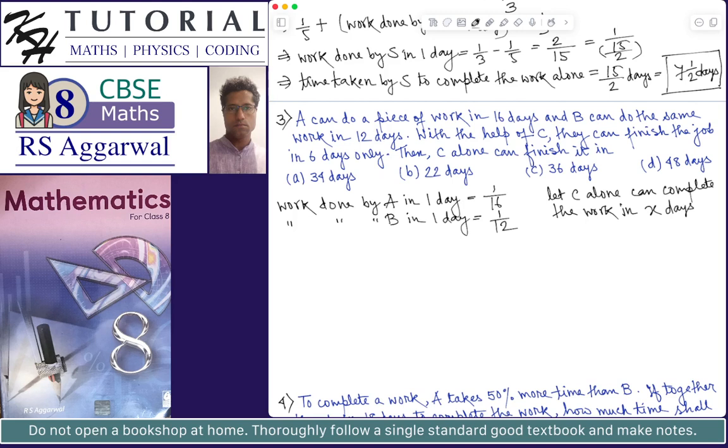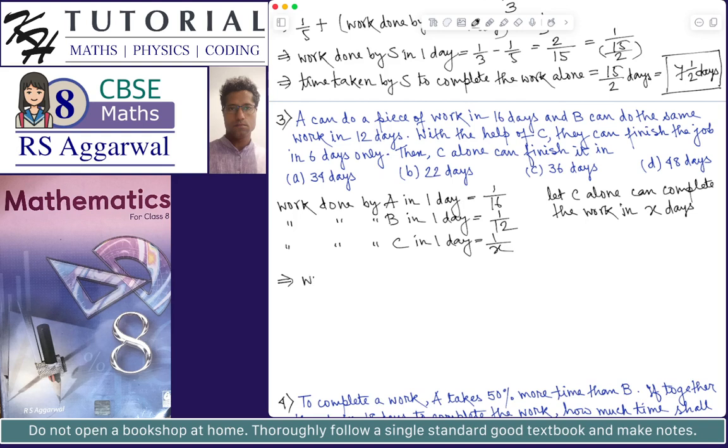So, based on this assumption, we can say that work done by C in one day will be equal to 1 by X. So we need to find the work done by all of them, that is A plus B plus C in one day, and from that information we can say how much time it will take for A plus B plus C to complete the work, which is given in the problem to be 6 days.